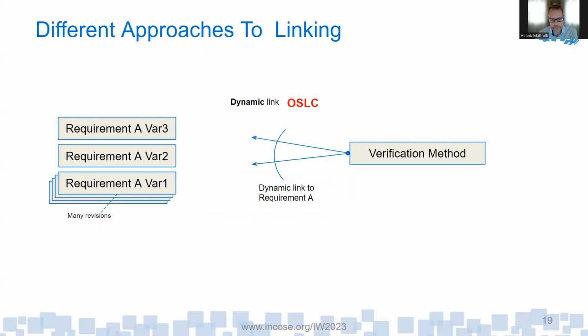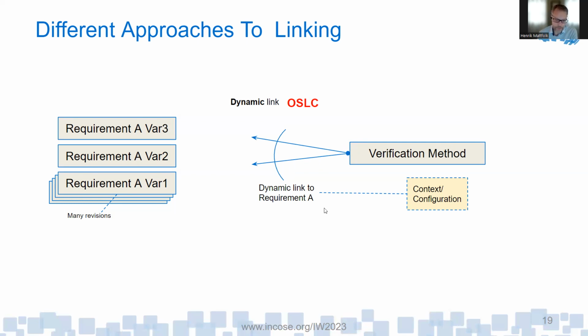We're just saying that this is a link to requirement A, but we're letting a context configure the link dynamically. So, you're exploring this verification method in this configuration context. Okay, then the link is pointing to, let's say, variant 2. So that is dynamically managed.